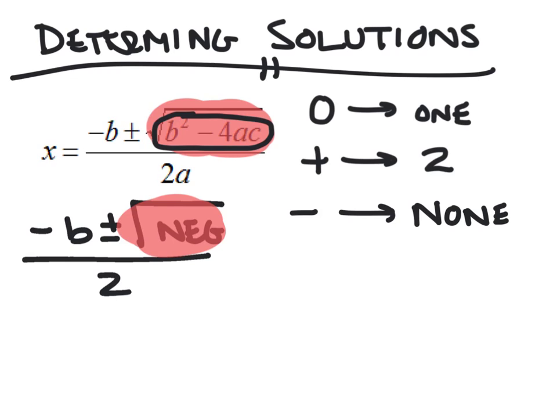Now, let me maybe quickly give you the visual picture. So why would you get one solution? Here's why that would happen. If you were solving and you hit the vertex, that's why you might get one answer.